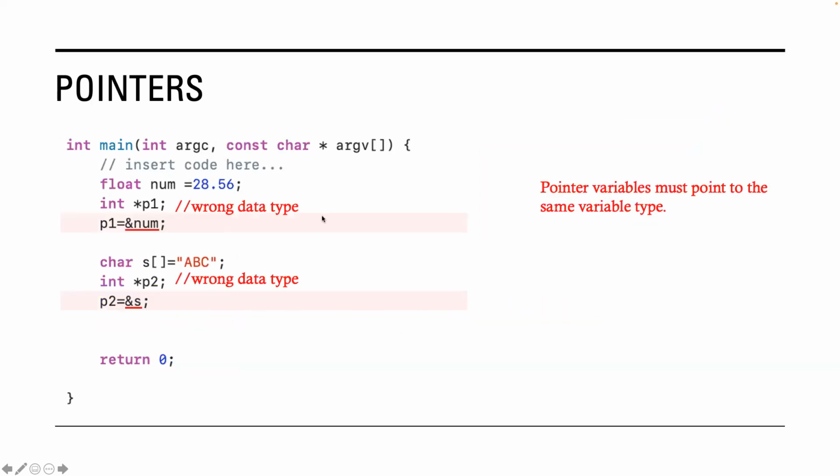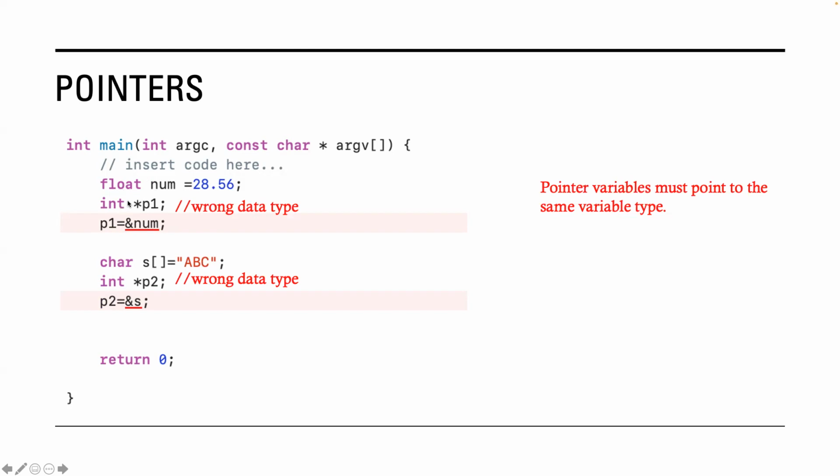Okay, another important thing you must understand here is, when we are declaring a pointer to save the address of another variable, both the variable types must match. So here the variable type of this variable is float, then the pointer's variable type must be float.